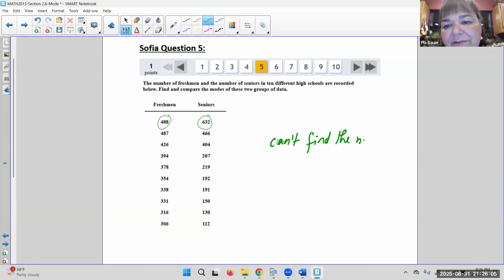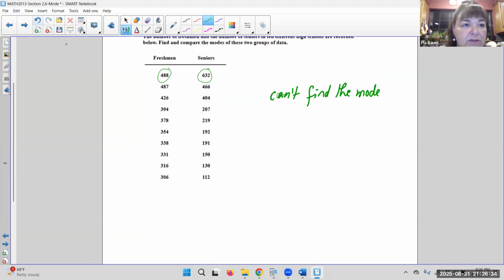There's really not enough information. We know there is a highest value, but by the way the data is given, we don't really know which high school will really be the mode for one or the other. So that was really a trick question.